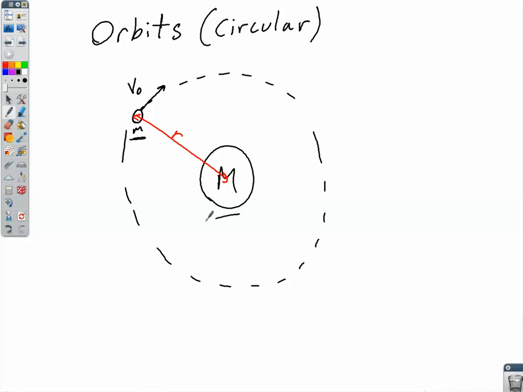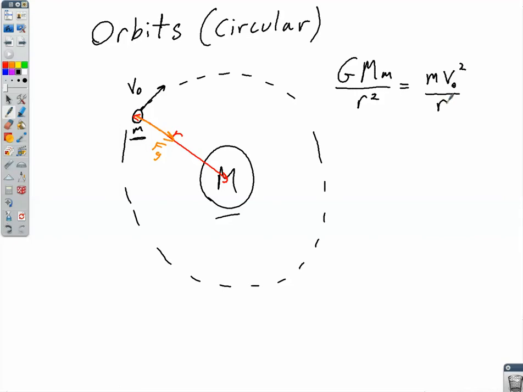Since there is a force of gravitational attraction between these two, we can draw it in here. We've got F sub g, the force of gravity, going in towards the center. We also recognize that as the centripetal force that is making the satellite go in a circle. So we can set Newton's law of universal gravitation equal to what we know about the centripetal force, m v squared over r.